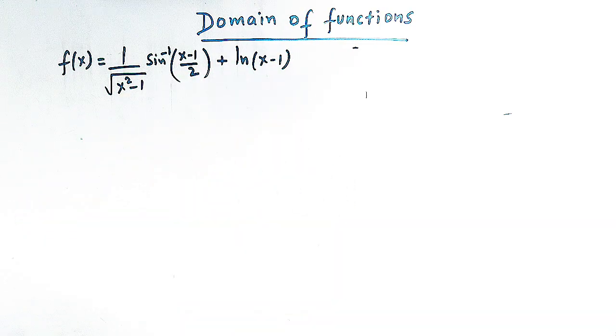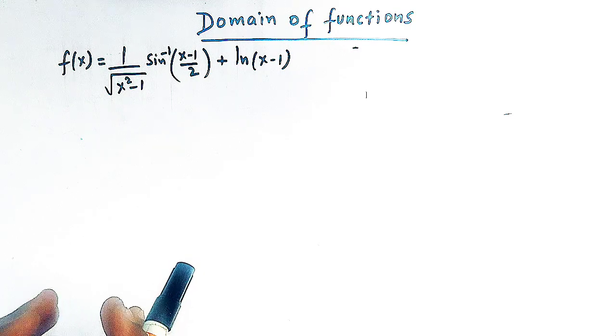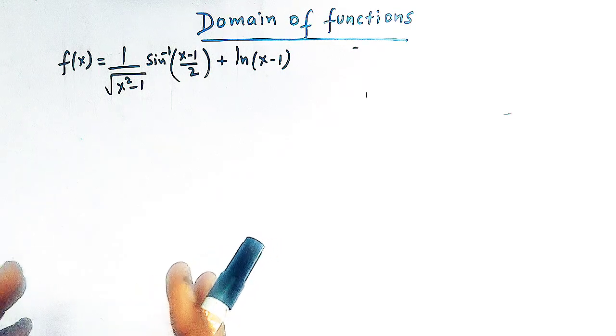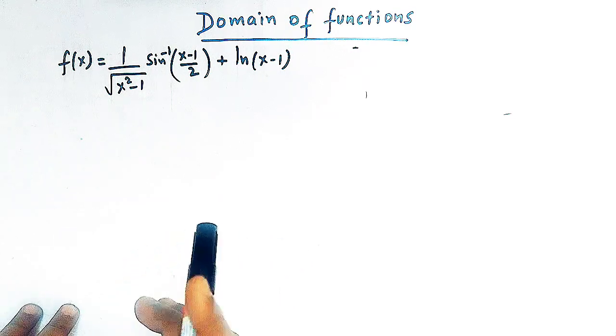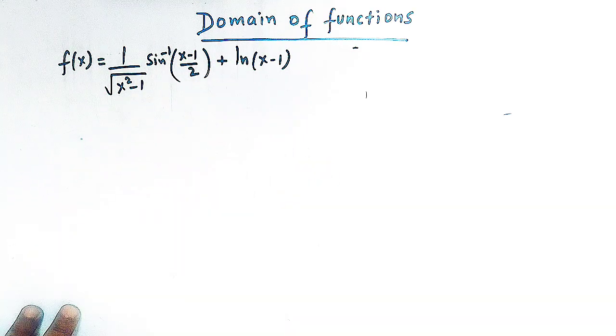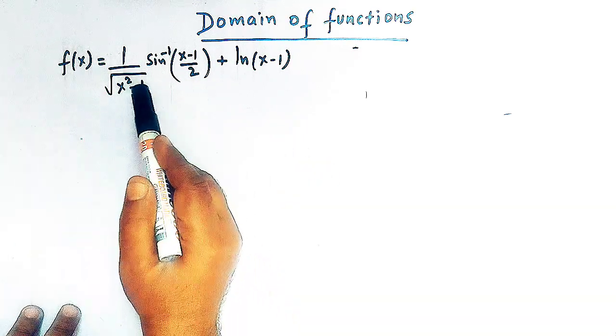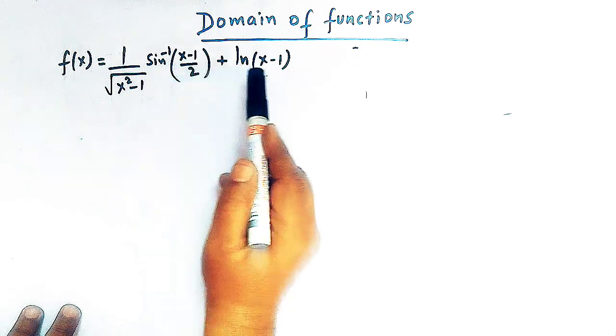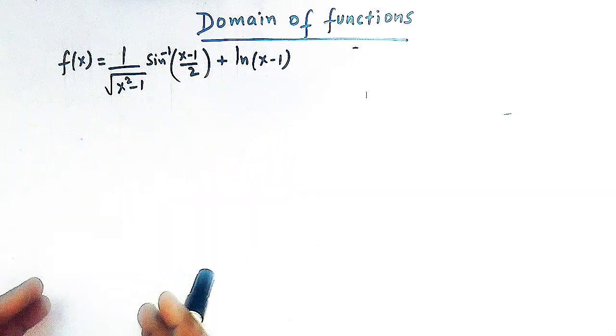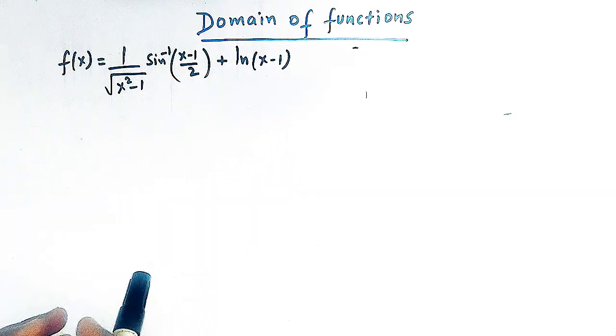And then by the concept of intersection of domains, we can easily identify the common domain or the common values of x which satisfies all these three functions simultaneously, right? So let us start.